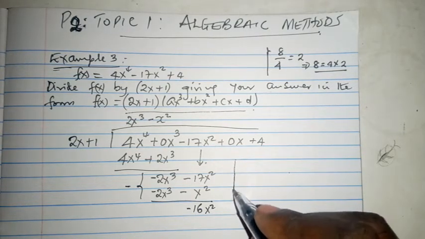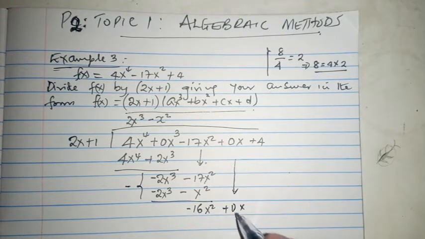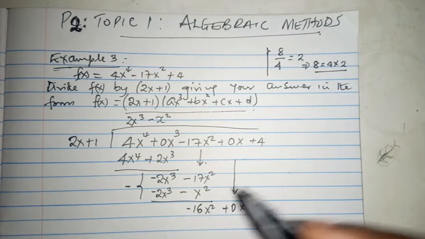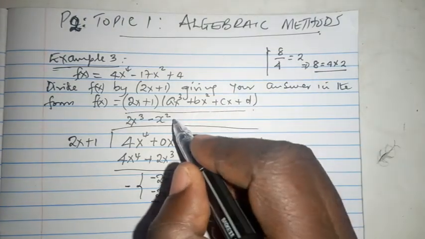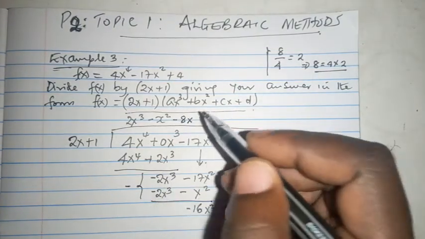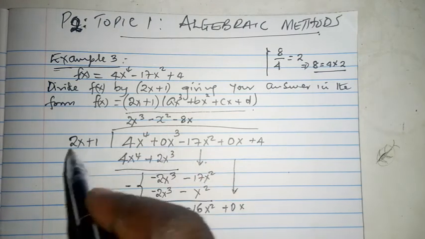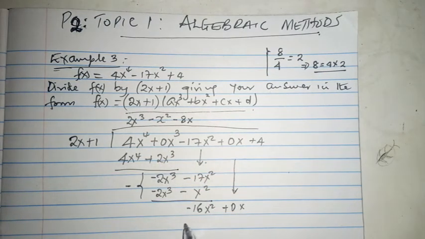You have to drop on that plus 0x. Then you divide this one by this. You have minus 8x. When you have minus 8x, you multiply out everything. We have minus 16x^2 minus 8x.